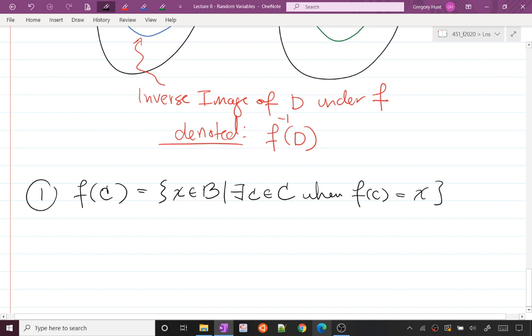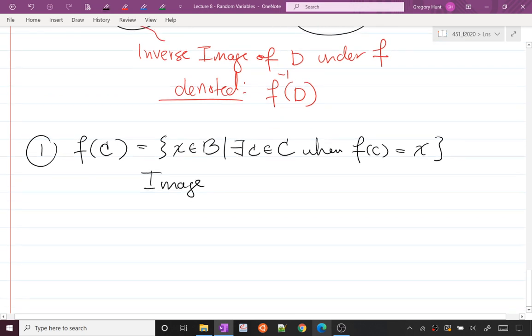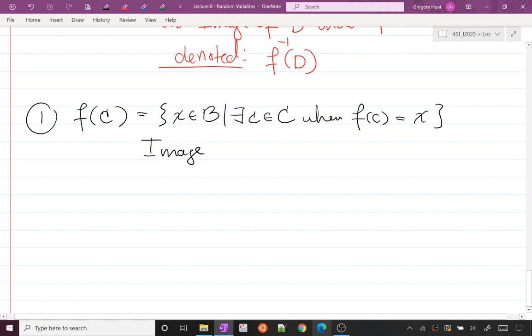Okay, this is called the image. A little bit cumbersome to write. But it's basically all the x's in B that get mapped to by something in C in this case.